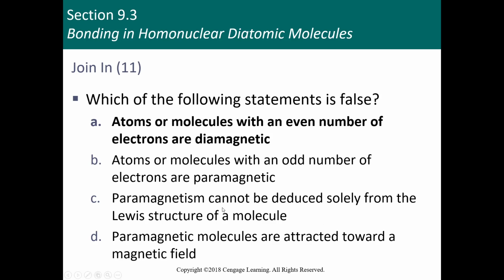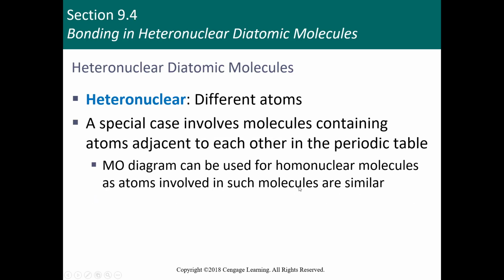And for paramagnetism, you need an orbital diagram. You need to see how the electrons are paired in orbitals. The Lewis structure simply does not tell you anything about that. And so, yeah, it cannot be deduced from that. That is true. Be careful when you see these sort of questions because you can have a false of a false. That's bad English, but good questioning.